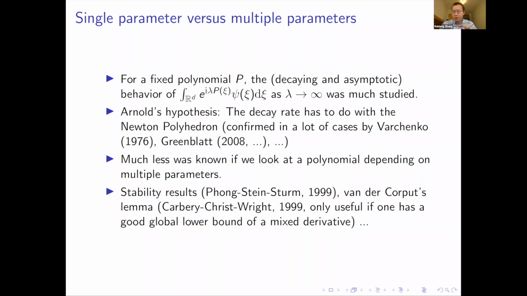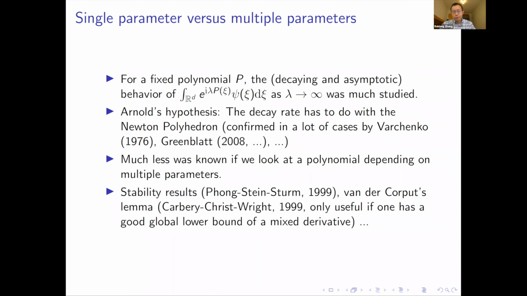So you can imagine when lambda goes to infinity, this decays, but might not decay like lambda to the -1, it might decay slower or sometimes faster. But this hypothesis says the decay rate has to do with the Newton polyhedron. And in a lot of important cases, this is confirmed by Varchenko as a very famous result. And then people like Greenblatt did some follow-up work more recently.